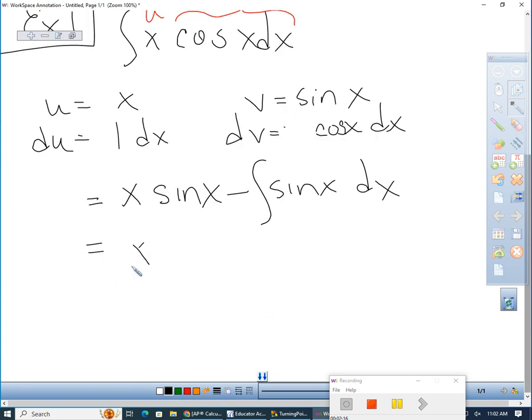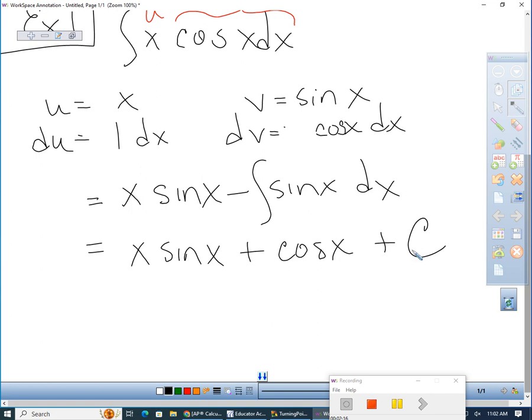So I have x sine x minus, what's the antiderivative of sine x? Negative cosine x. That makes that a positive cosine x plus c, because obviously we have no bounds here, so we have to put plus c at the end. Okay, so we're going to fill in those 4 spots and then plug it into our formula. Any questions so far?